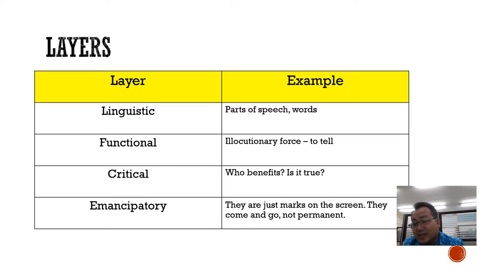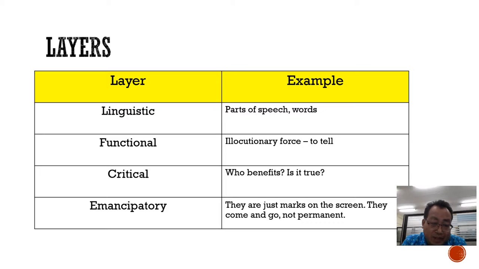That's the linguistic layer. The functional layer, when we look into what happens when the language or the discourse is put into use, we can analyze the speech and the action of the utterances. We can ask what is the illocutionary force of that particular discourse. Well, is to inform or to tell. You can say that.